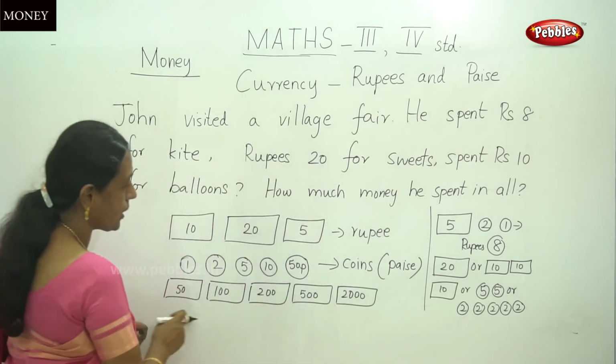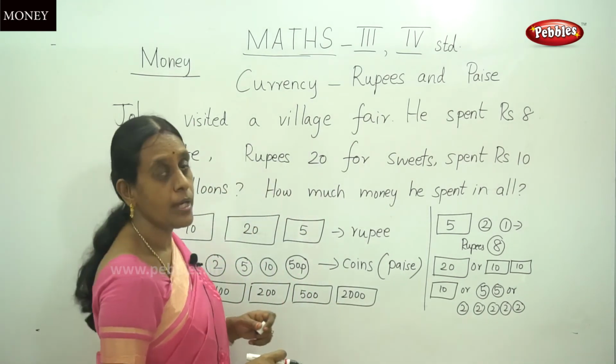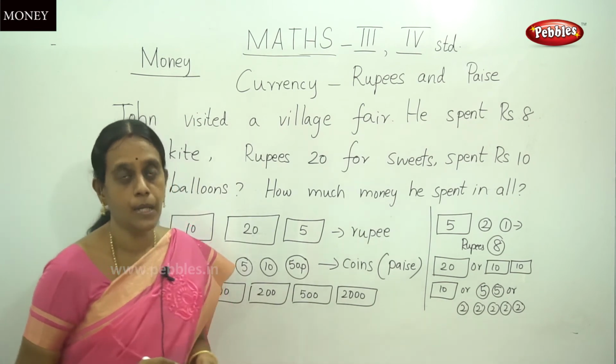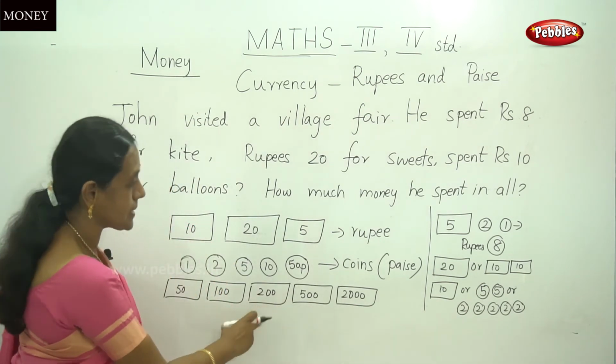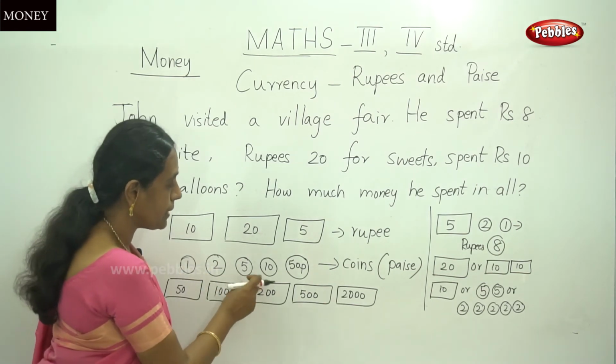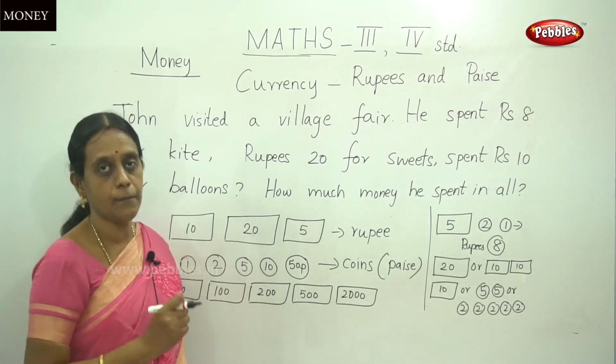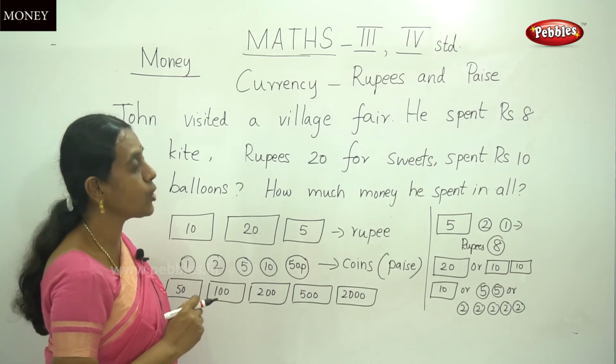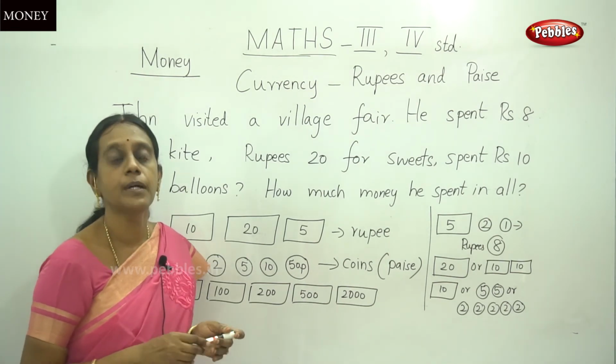These are rupees, made of paper, and these are paise, made of steel. Do you understand the concept and value of money?